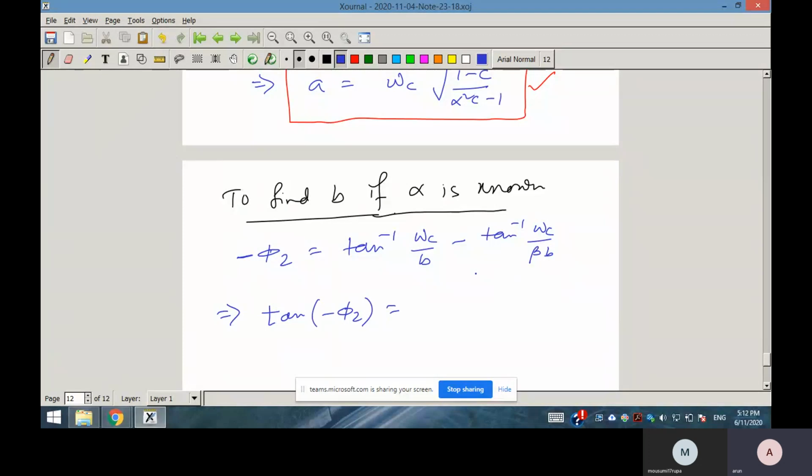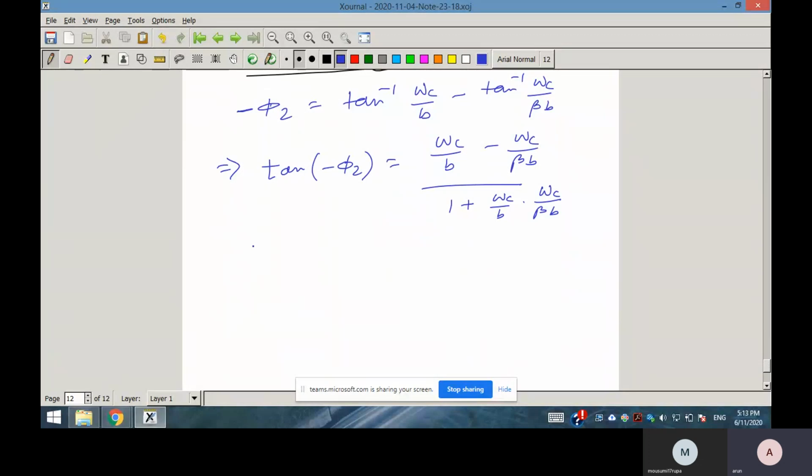So this you will get as (omega c by b minus omega c by beta b) divided by (1 plus omega c by b into omega c by beta b). So from here, what you can write? From here, you can write tan of minus phi 2 is equal to omega c by b.